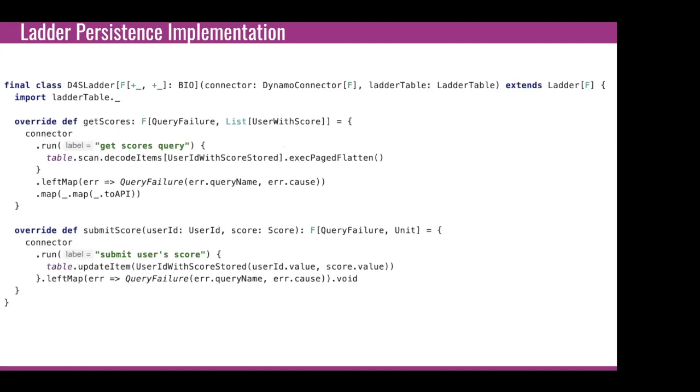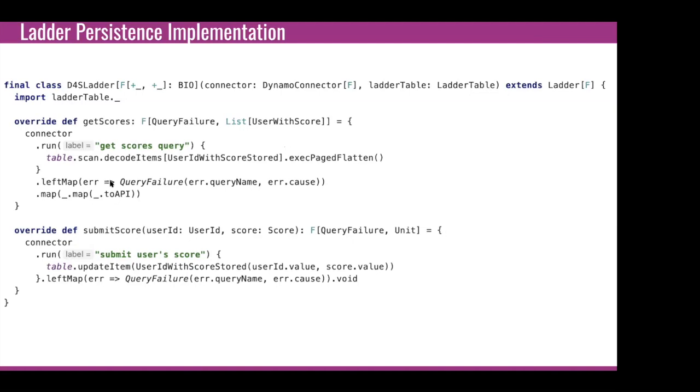We have Connector plus a run function, but we don't use a free monad under the hood. So basically all methods like scan, update, etc. are implemented as extension methods over this table reference data type.